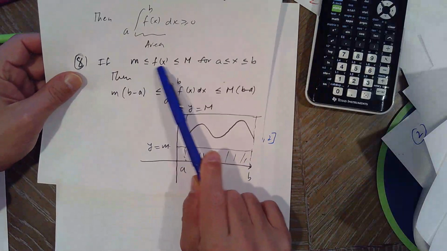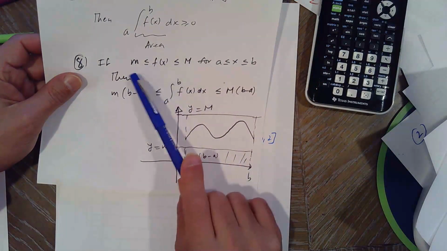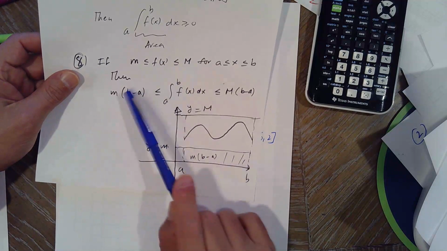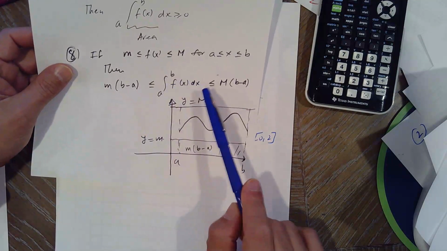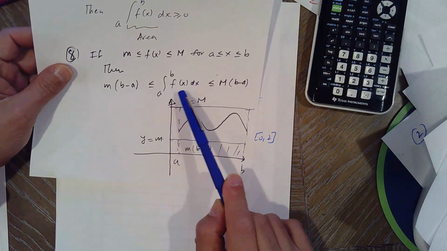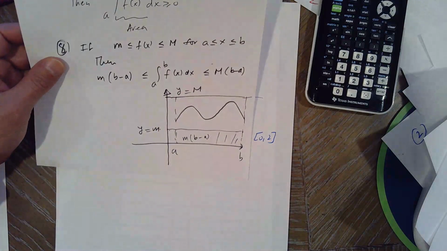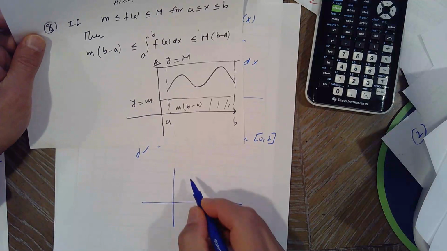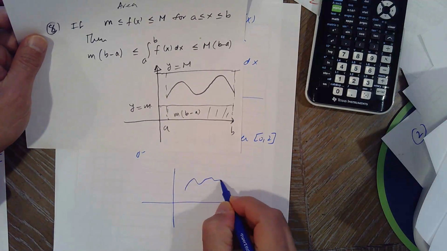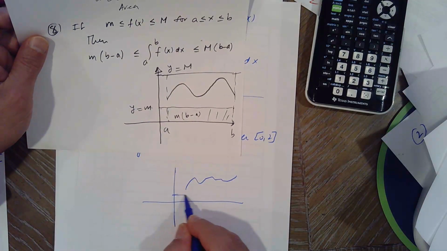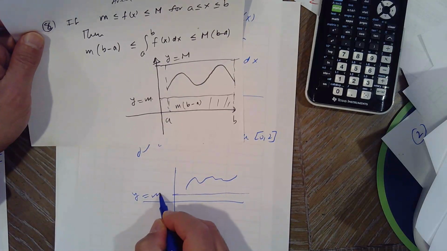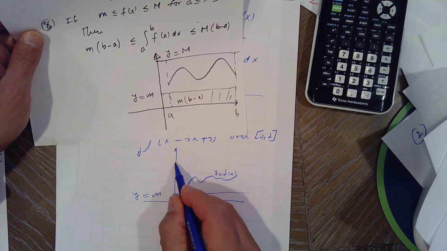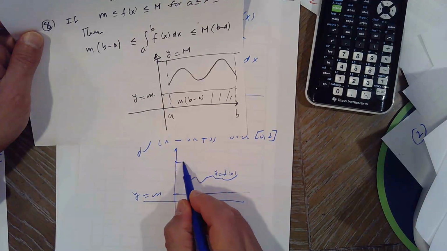So if f of x is between, remember we did lower sum and upper sum. If f of x is between little m and big M, then m times b minus a is less or equal, because these are two rectangles. So basically, what we're saying here, if f of x is between two values, between y equals m and y equals big M over [a, b], this is y equals f of x, this is common sense.